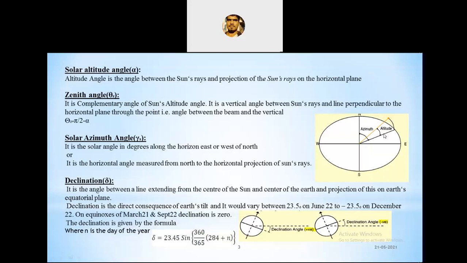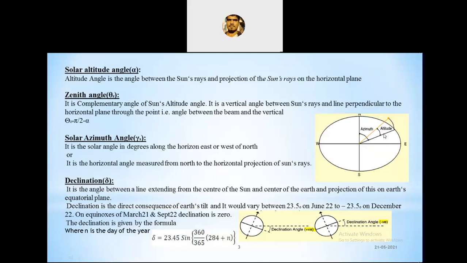First is the solar altitude angle. It is the projection of sun rays to the horizontal plane, and that is called alpha. Then 90 degrees minus the solar altitude angle gives the zenith angle.